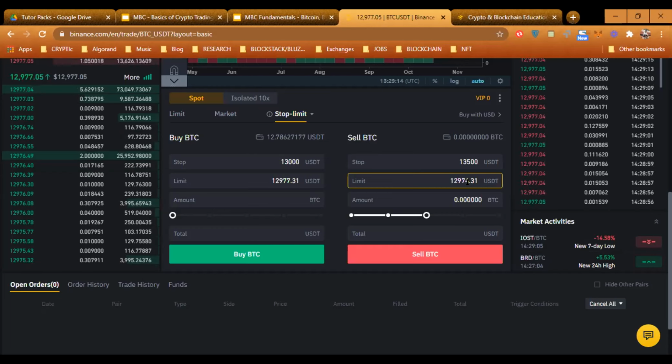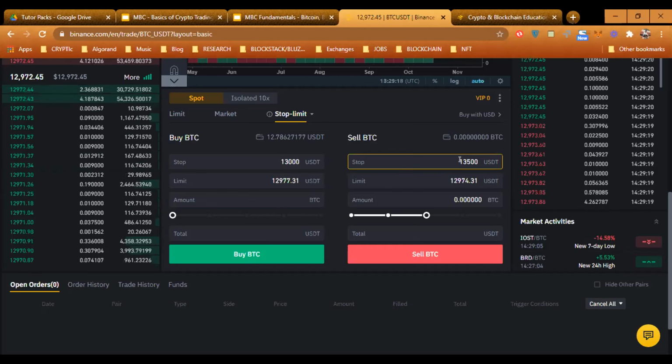Even if you are sleeping or on the road and you have placed a trade on your BTC, you said, okay, sell at 13,500, and you did not set a limit, it means that it will only sell when you get to 13,500. If the price of BTC drops to 10,000, it will not take any action.